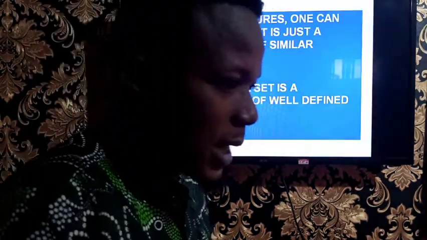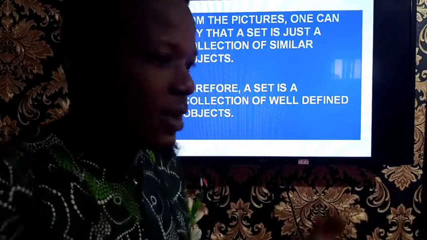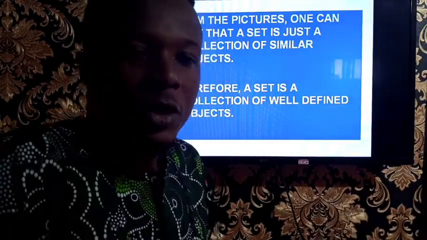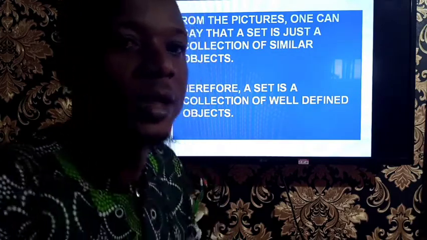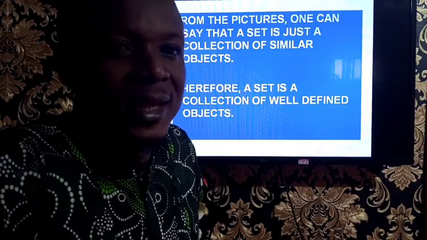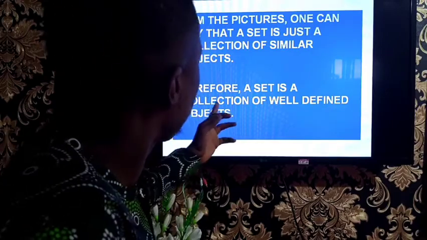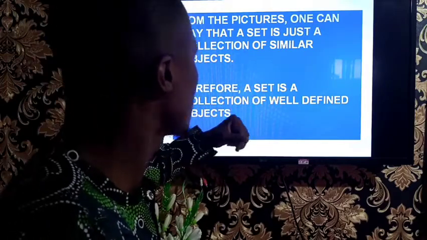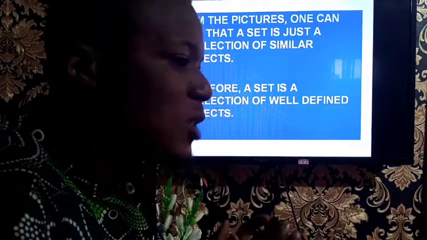When you gather objects that are similar, that are serving the same purpose, that are doing the same thing, that has a link, when something is connecting them, you can say that such sets, such group, are just set, collection. Okay, therefore, we can now define that a set is a collection of well-defined objects.